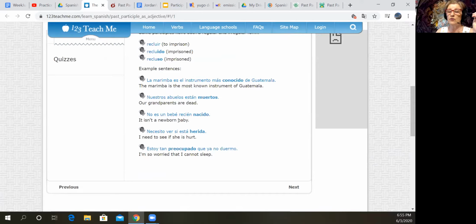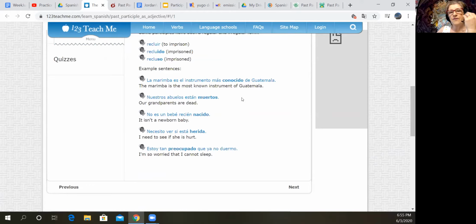Oh, here's one that you hear a lot. This word conocido. La marimba es el instrumento musical más conocido en Guatemala. He inserted an extra word, musical. Más conocido. The best known. The most known.